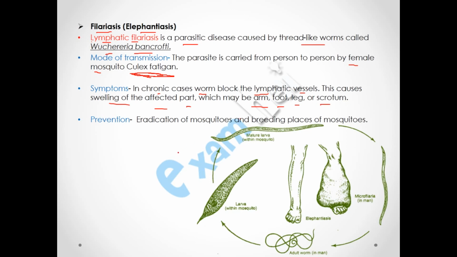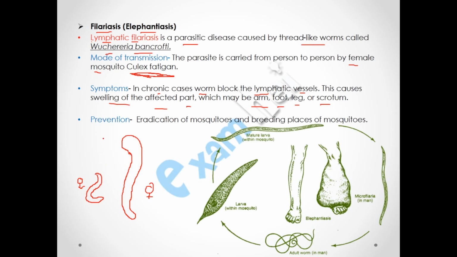So what happens in this whole process? See, when the worms are transferred inside the lymphatic vessel of a healthy person, they get mature and they develop into male and female. So this is female and this one is male. They develop into male and female.